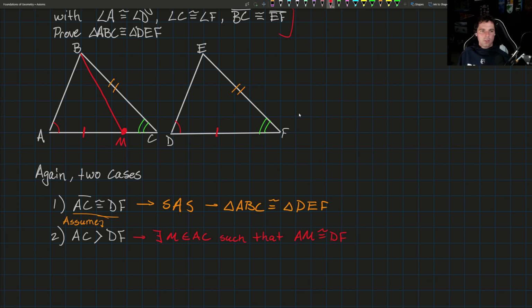Is that right? No, I want to do this a little bit different. We're going to say that M is over here. And we're going to draw this. And we're going to assume this. That makes things a lot easier.